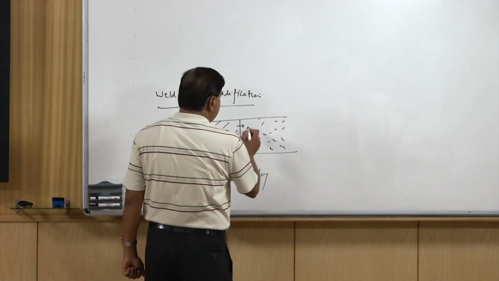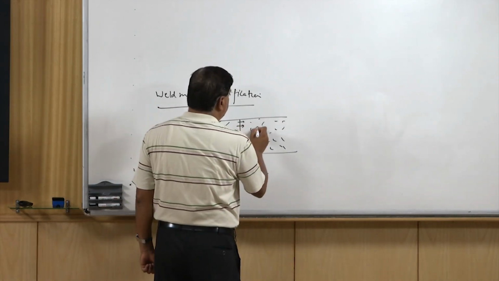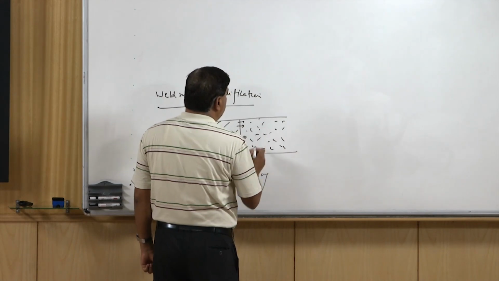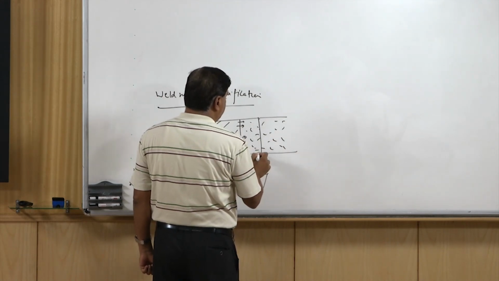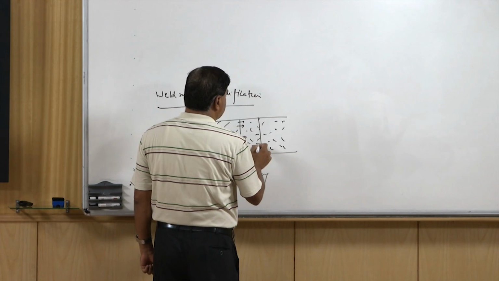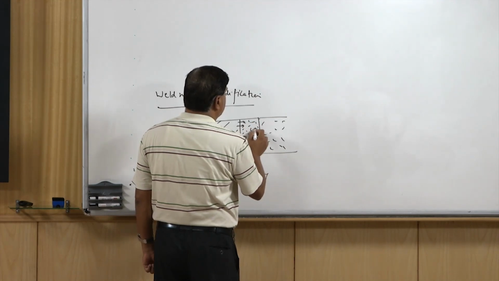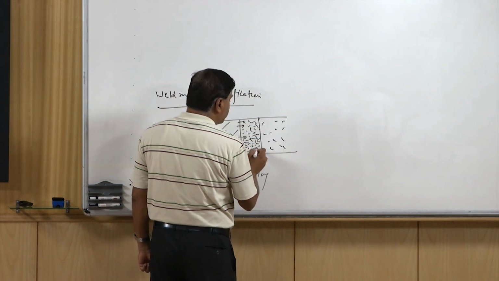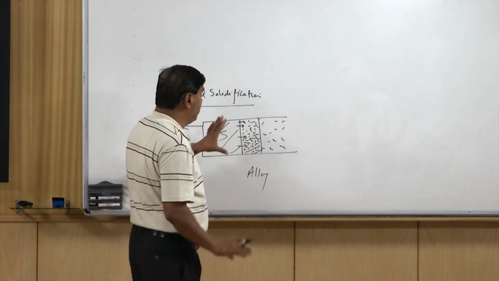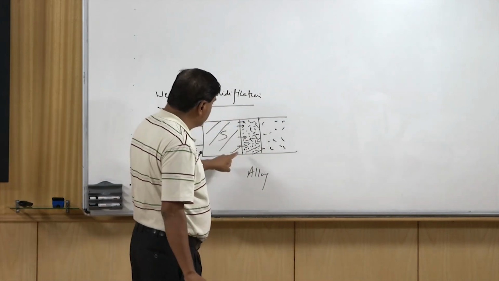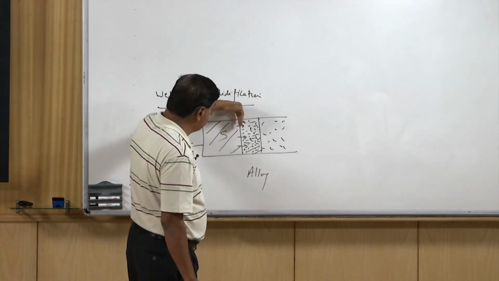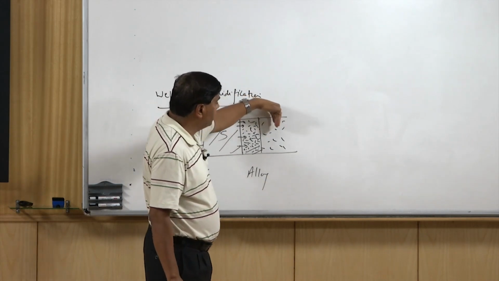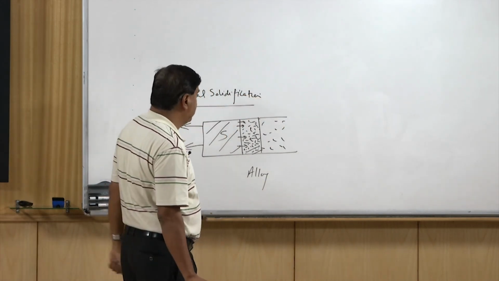So, basically the region next to the solid-liquid interface will be enriched with the alloying element. This is the region which will have the greater concentration of the alloying element, and this region very next to the interface will have the higher concentration as compared to those away from the solid-liquid interface.